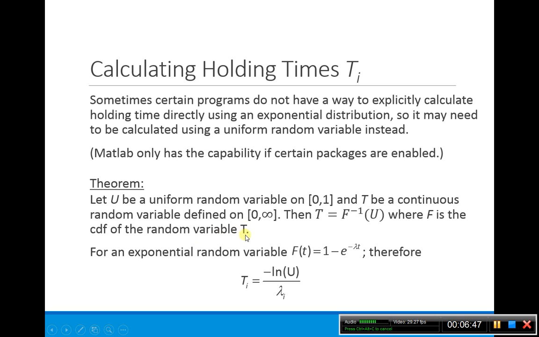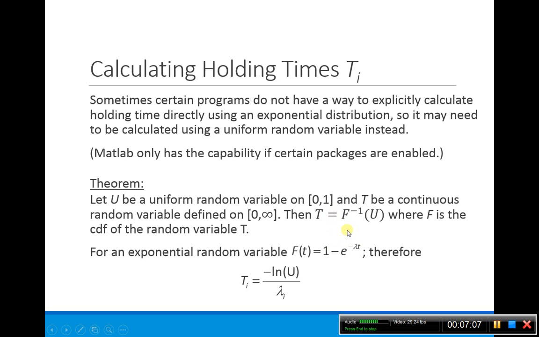So if t is drawn from an exponential distribution, then the CDF of this t is basically this. So if you go back and look at exponential random distributions, look at what the cumulative distribution function looks like, and it has this form where you have a parameter lambda.